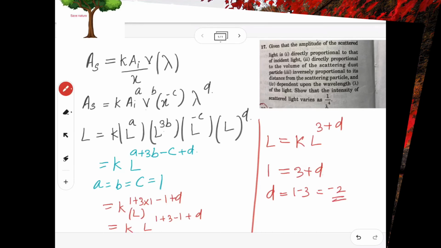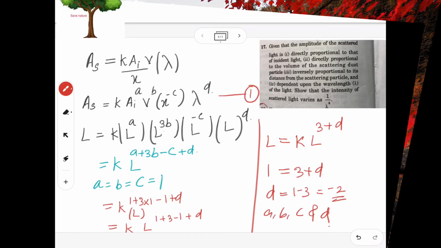So the power of lambda will be minus 2, I am writing. Let me substitute the powers of A, B, C and D in equation number 1.